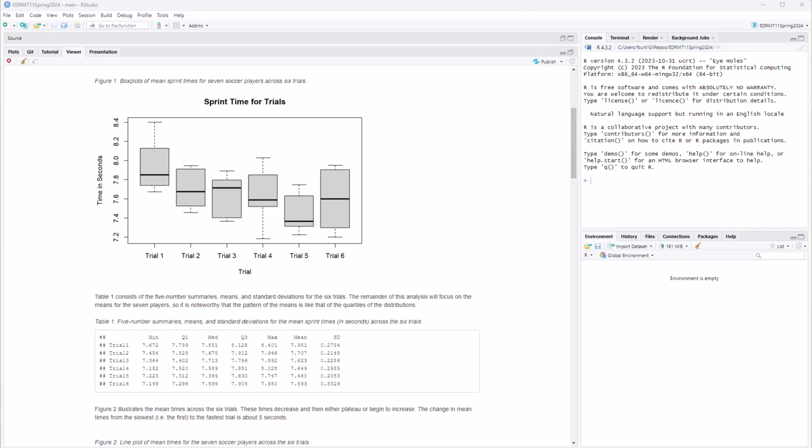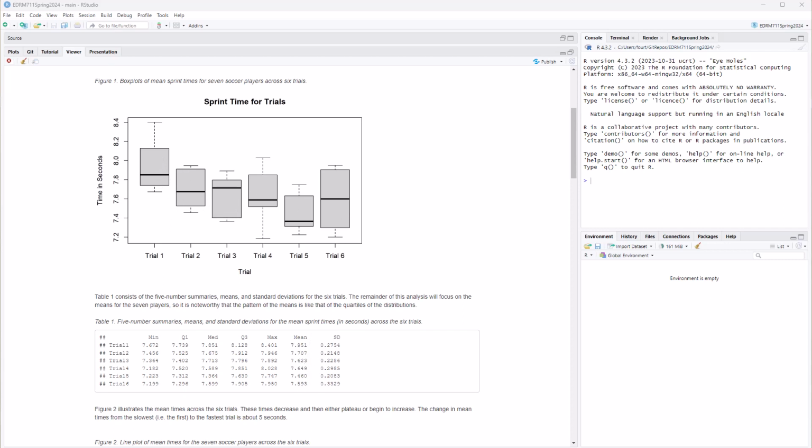So descriptively, we can again compare means for each of the trial times. But if we want to compare those means from each level of a factor to the other levels of the factor, we can see the medians here in the box plots and the means in our descriptive statistics.